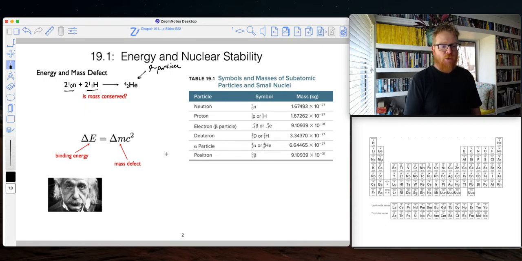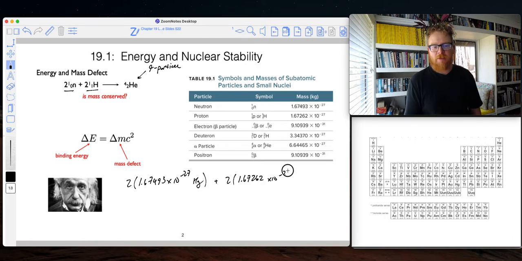I have 2 neutrons, so that's 2 times, and I'm going to use all the sig figs from this table, 1.67493 times 10 to the minus 27 kilograms, plus the mass of 2 protons, 1.67262 times 10 to the minus 27 kilograms.